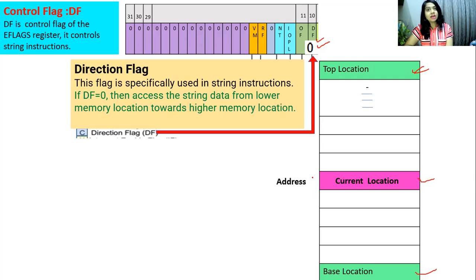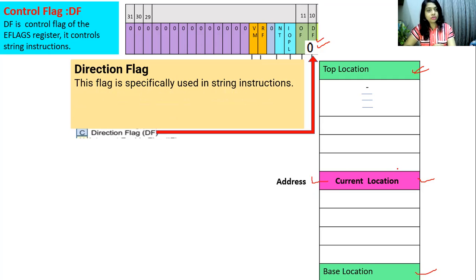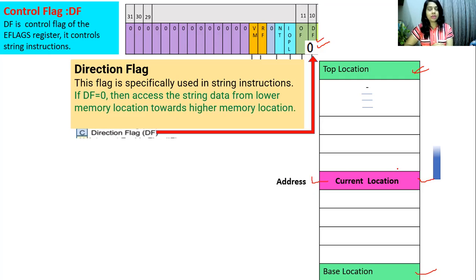That means suppose currently the processor has accessed this particular location, the next data it will access from a higher location. Higher means in this direction. That means currently suppose the processor accesses this location of data, then next it has to access the next location data, and then next, and then next.